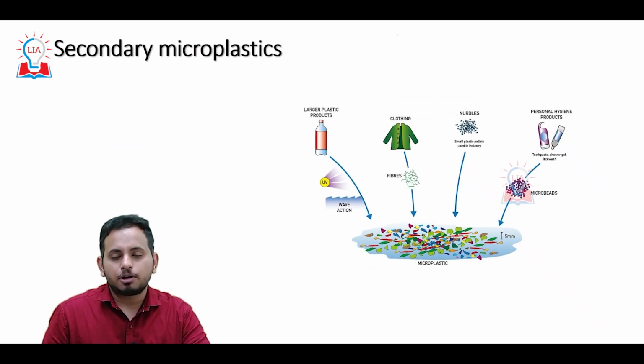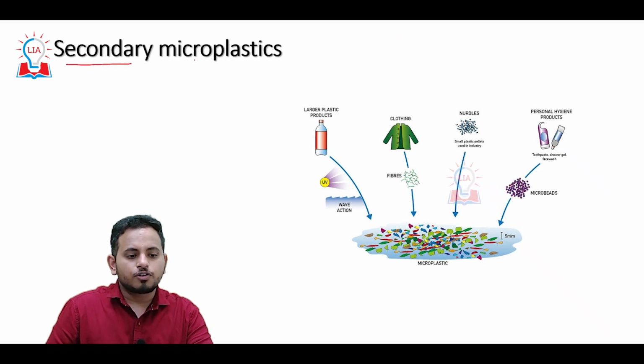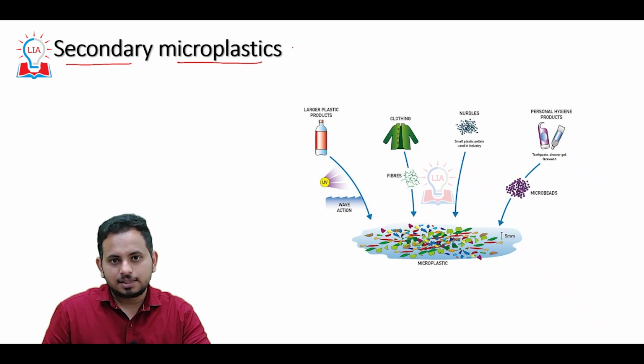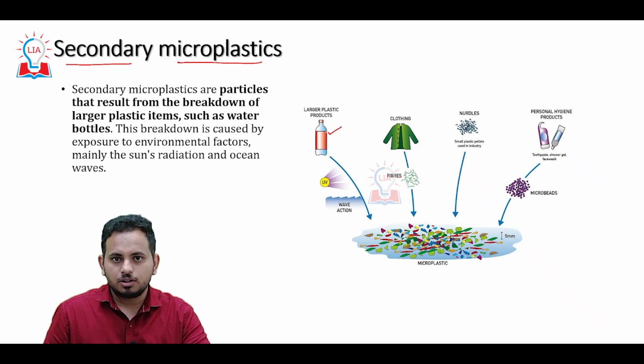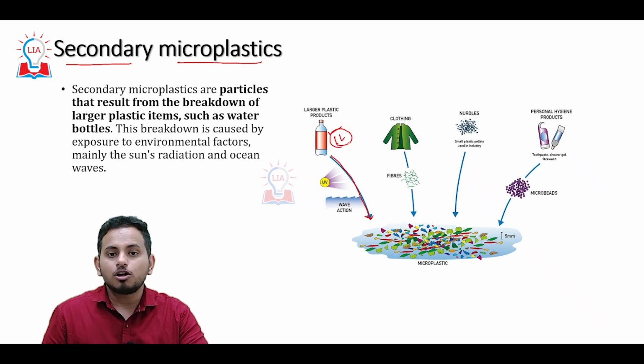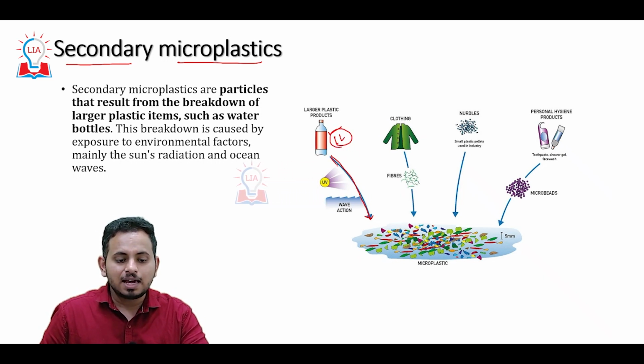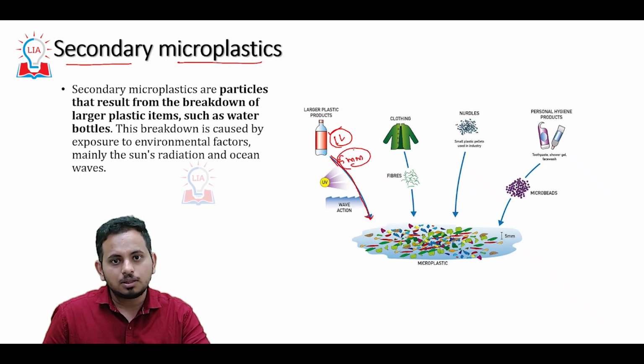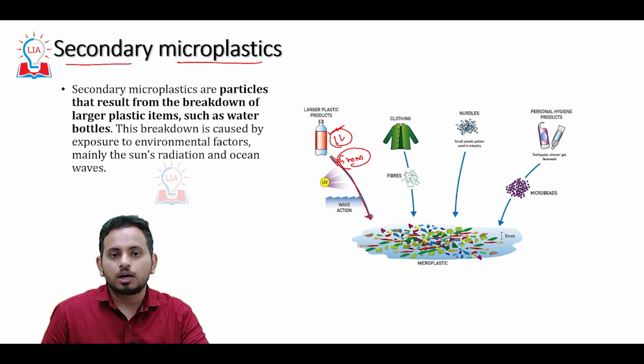What is secondary microplastic? You can deduce the meaning from the word itself, which means secondary. You can see here the plastic bottle is manufactured and after that it breaks down into smaller pieces. When a plastic bottle of 1 liter is broken down into small pieces which are less than 5 millimeter, these plastics that are formed after the big plastic is broken down are called secondary microplastic.